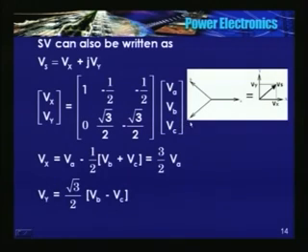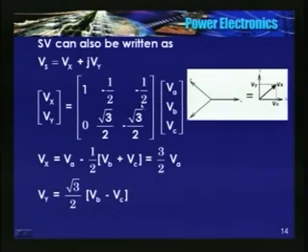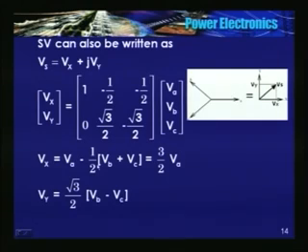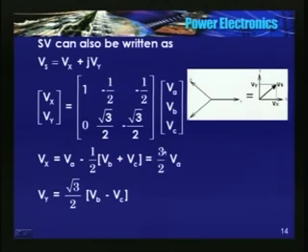And the x-axis component of Vc is Vc into cos 240, that is again minus half. So Vx is Va minus half of Vb minus half of Vc, that is sigma Vx. So if they are balanced, I have Vx equal to 3/2 times Va itself, because Vb plus Vc is nothing but minus Va.